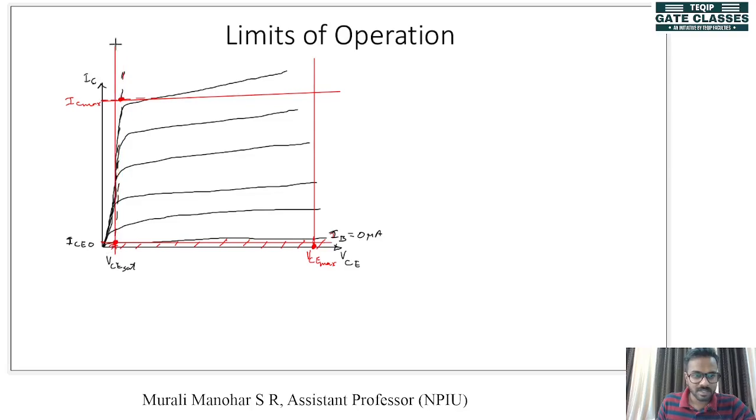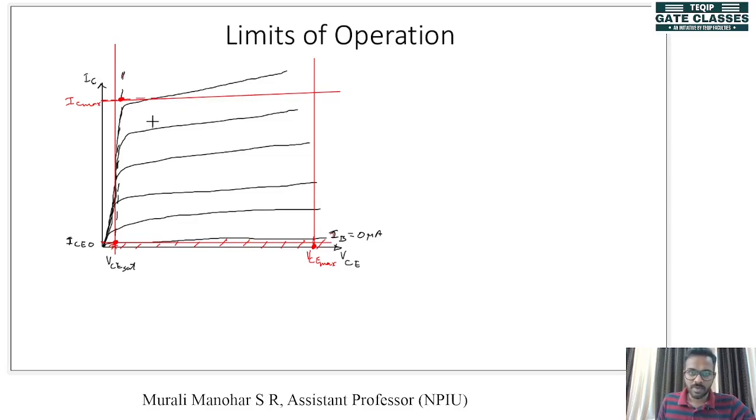VCE sat. Now there is also a power consideration, that is, there is a maximum power that can be dissipated in the transistor. If we go beyond that level, the temperature limit of the transistor will be exceeded. So there is another limit to the operation of a transistor, and that is the power limit.